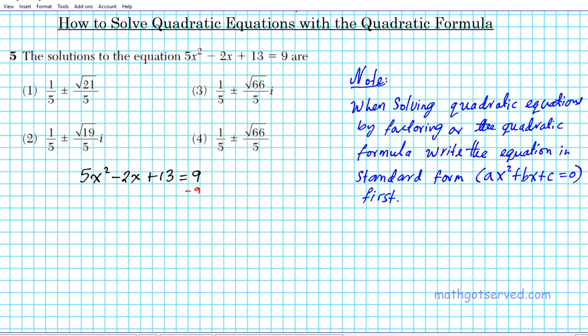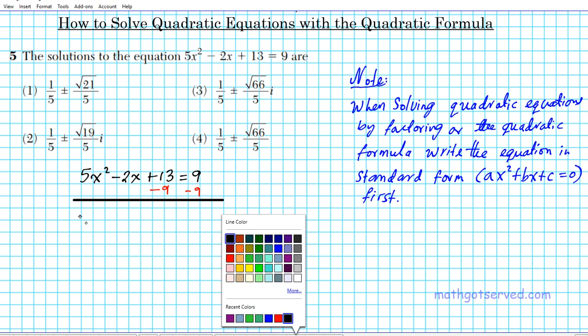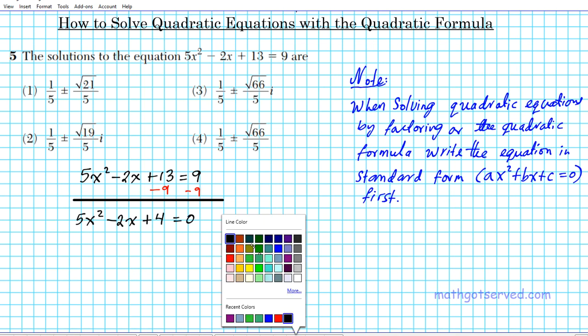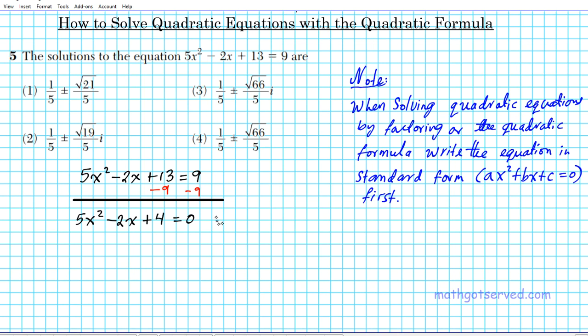So we have to rectify that first. Subtracting 9 from both sides, the 9 on the right is gone, and we end up with 5x squared minus 2x plus 13 minus 9, which is positive 4. Bam! Now, ladies and gentlemen, we have accomplished the standard form. We have changed the original equation into standard form.